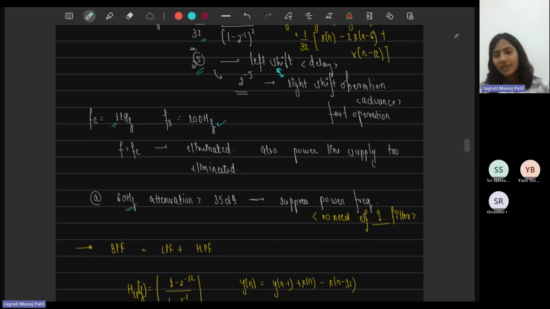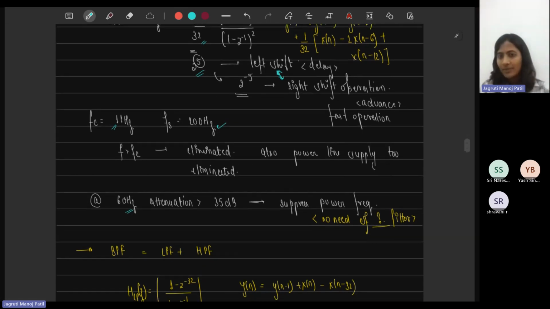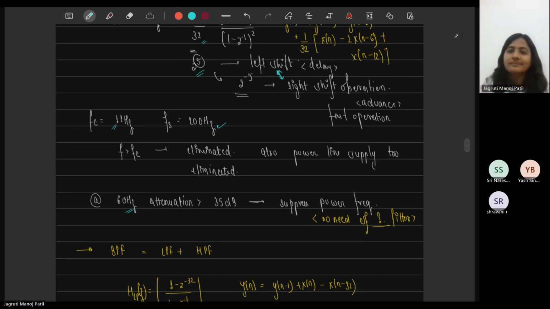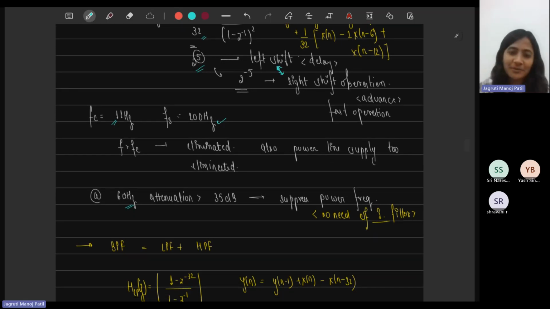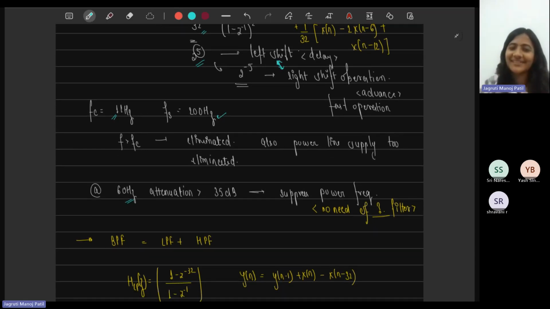So do you all remember what was the basic filter in order to remove a single frequency? See here, if it's 50 hertz, or outside there it's 60 hertz. A filter that removes a single frequency. I hope you are able to understand my handwriting.